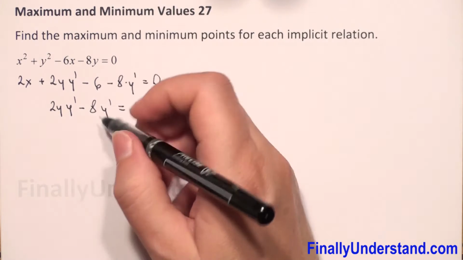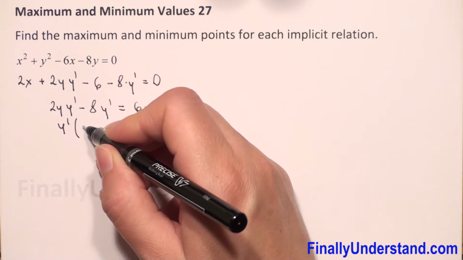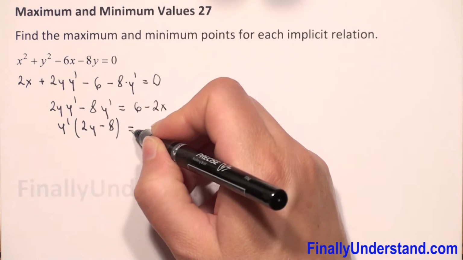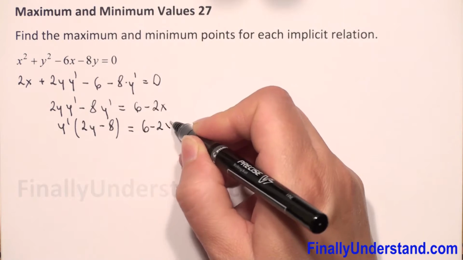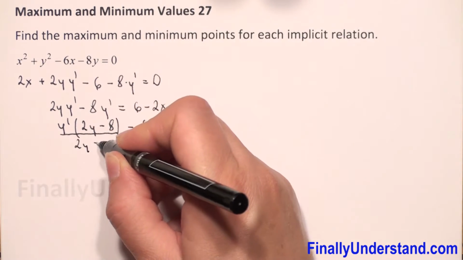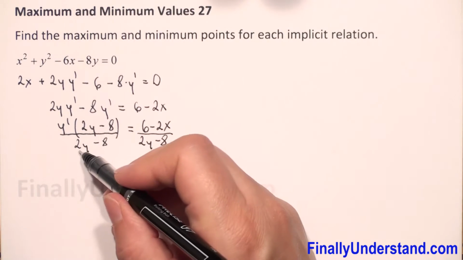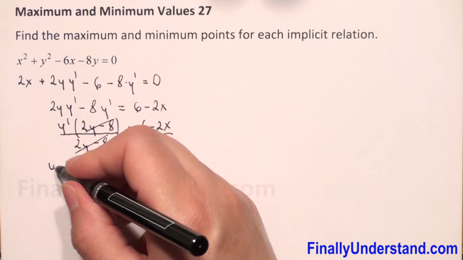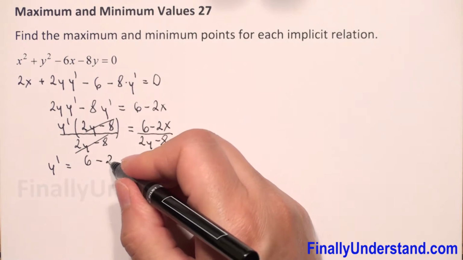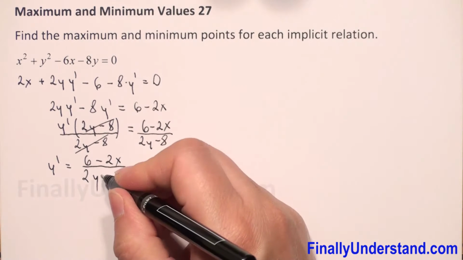Now we can factorize y prime times (2y minus 8), this is equal to 6 minus 2x. Now I will divide both sides by 2y minus 8. So we have y prime equals (6 minus 2x) over (2y minus 8).